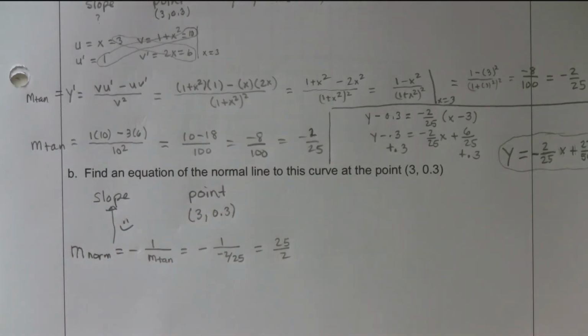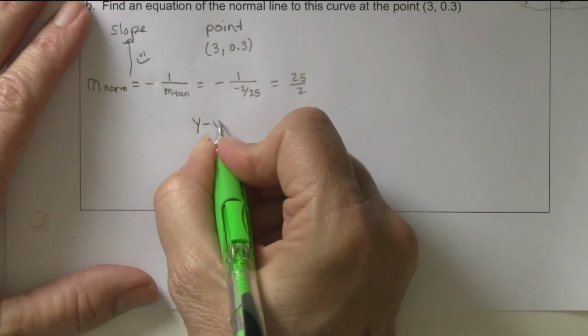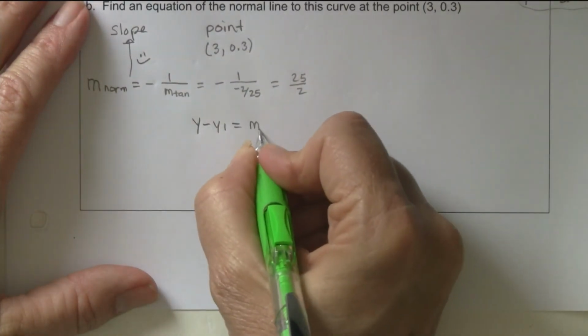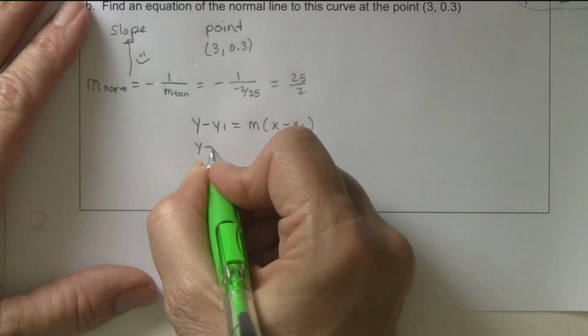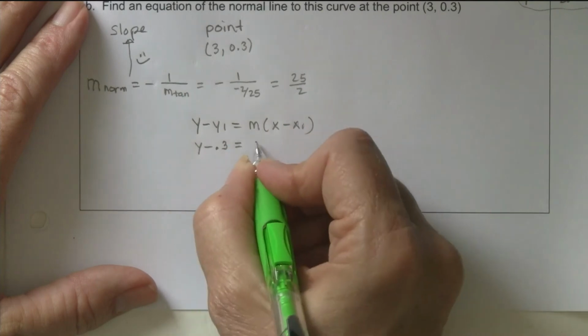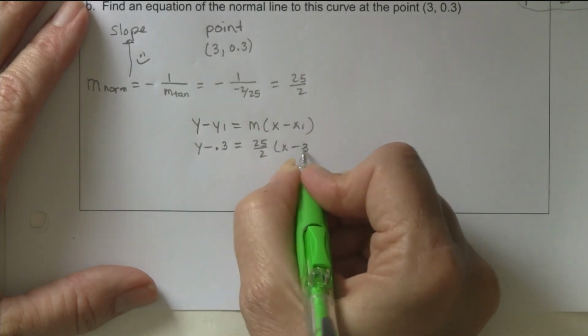I didn't have to do additional work. I already had really basically the slope, and I'm going to find the equation of the normal line. So the equation of the normal line is y minus y1 equals m times x minus x1, no new formula, y minus 0.3 equals 25 over 2 times x minus 3.